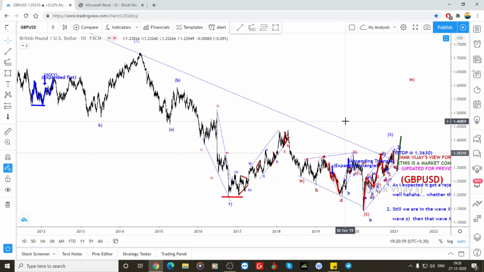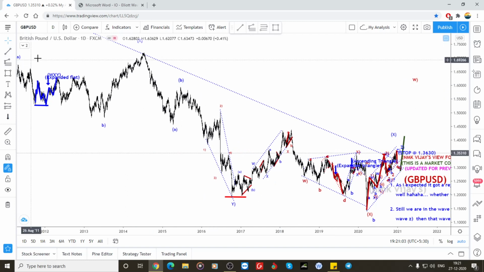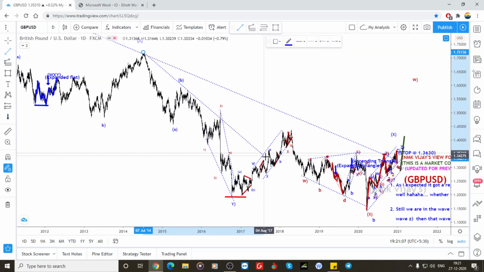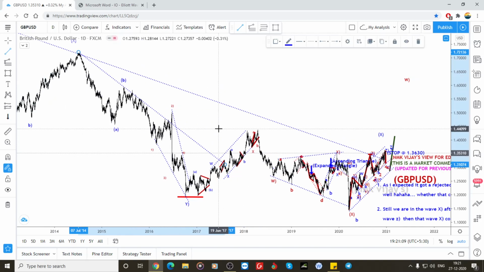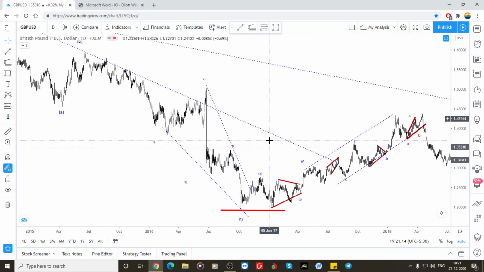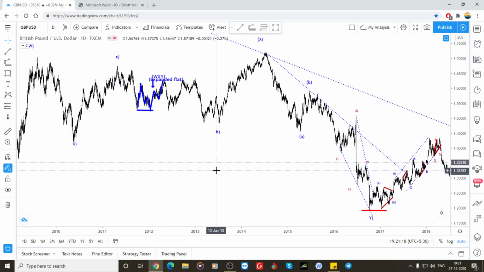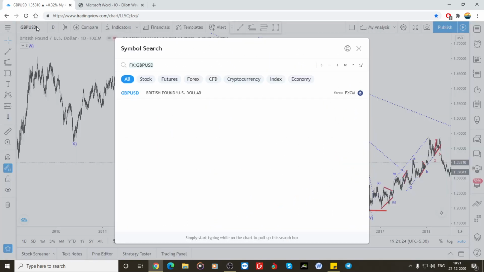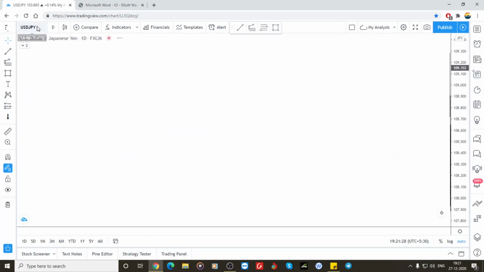Sometimes it may be, see from here, it's already broken this channel, right? This is the shorter term trend line. It's broken and again it fell aggressively. So be cautious in this, and we will move on to USD JPY.